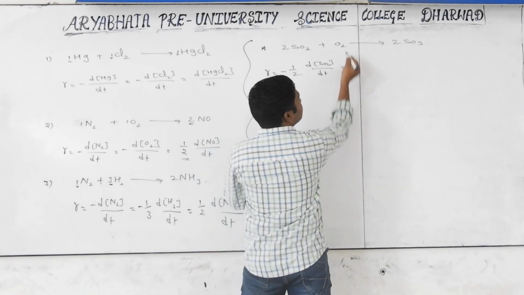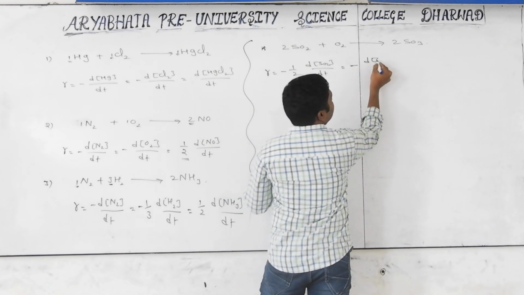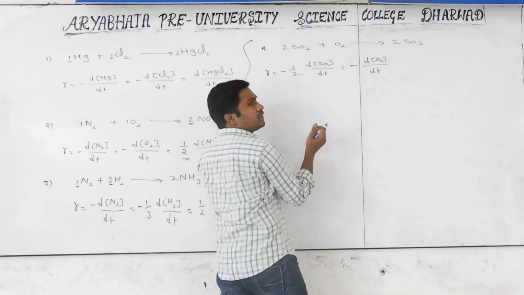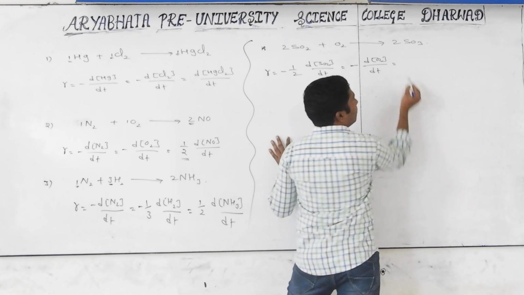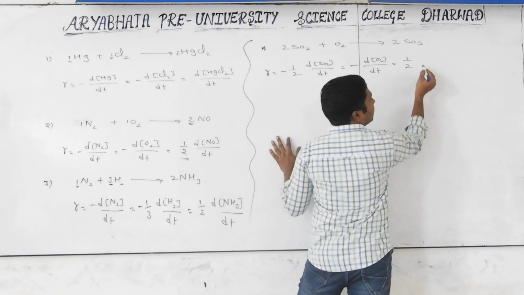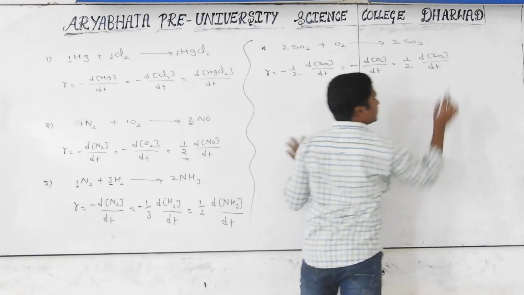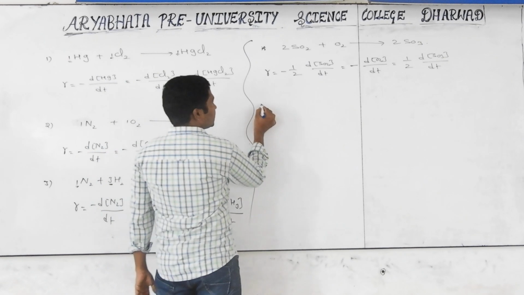Or we can write with respect to O2 also: minus of change in concentration of O2 by time change. Here there is no coefficient, so 1 by 1 only, is equal to plus, 2 will come like 1 by 2 change in concentration of SO3 by time change. Very important thing.